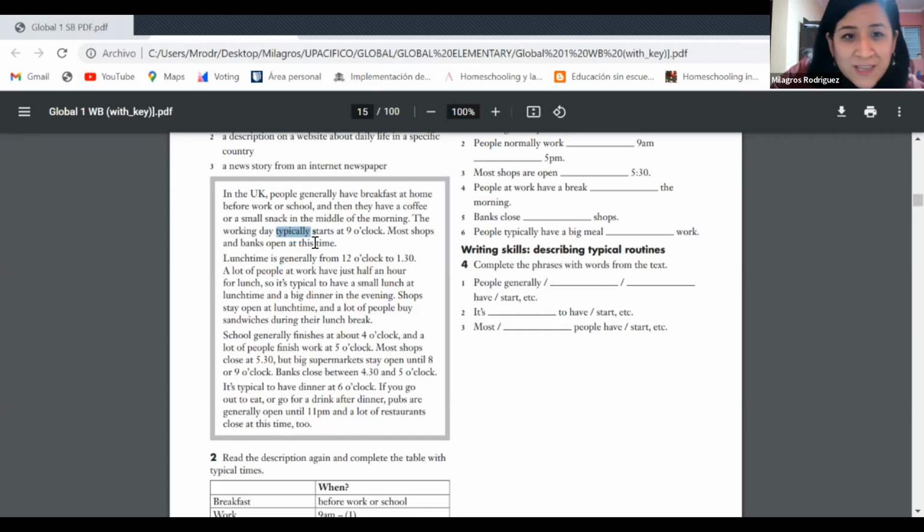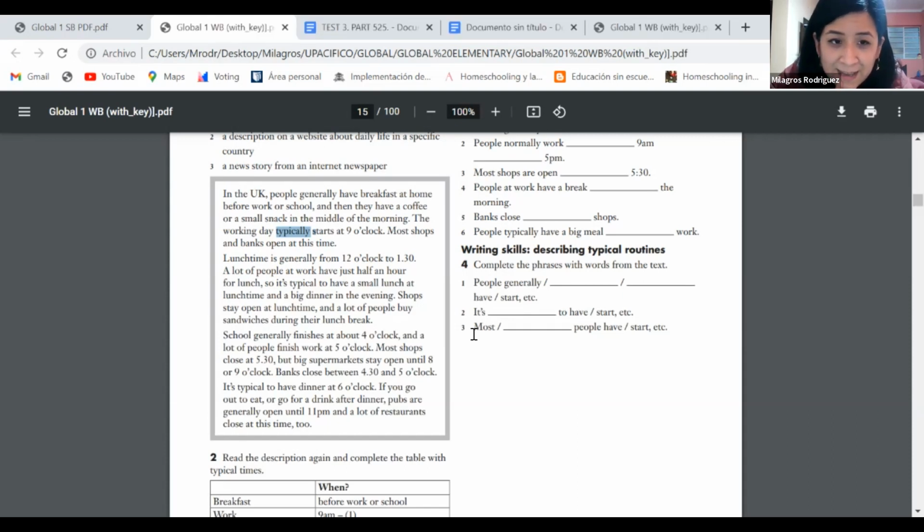So I only see two words, generally and typically. Yes. In number 2, what is the word? You can write, it's typical to have or to start, right? Typical. And number 3, most people have, a lot of people, right?